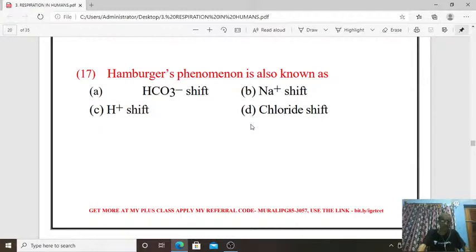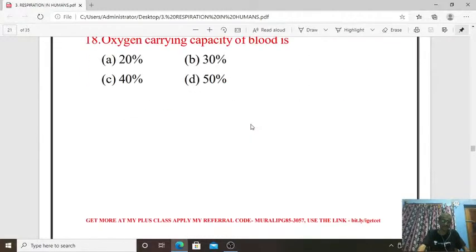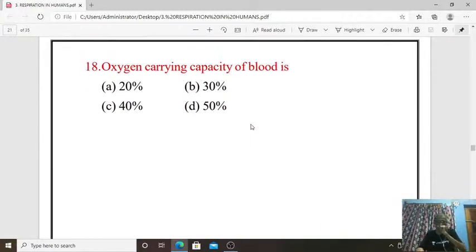Next question number, I think 18. Am I right? Yeah. Oxygen carrying capacity of blood. According to the medical statistical review, what is the oxygen carrying capacity of blood? Here comes one important thing.